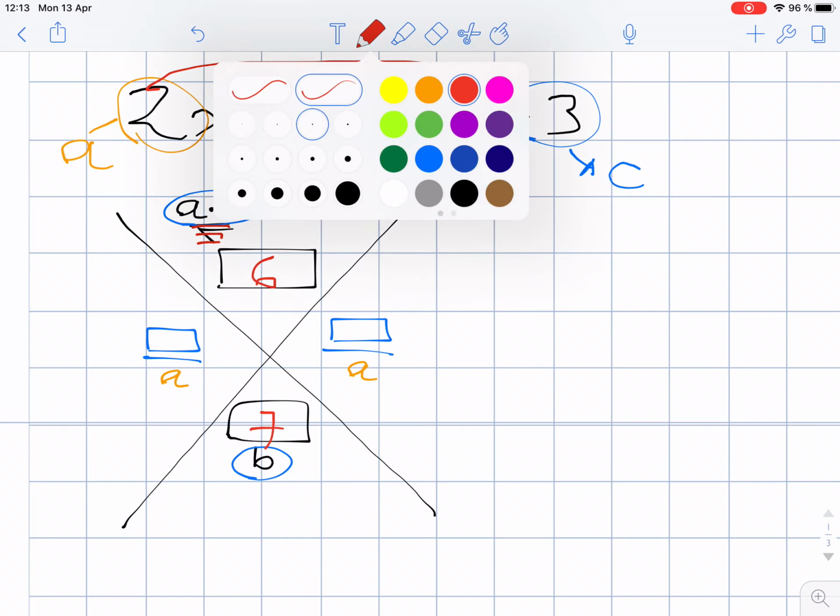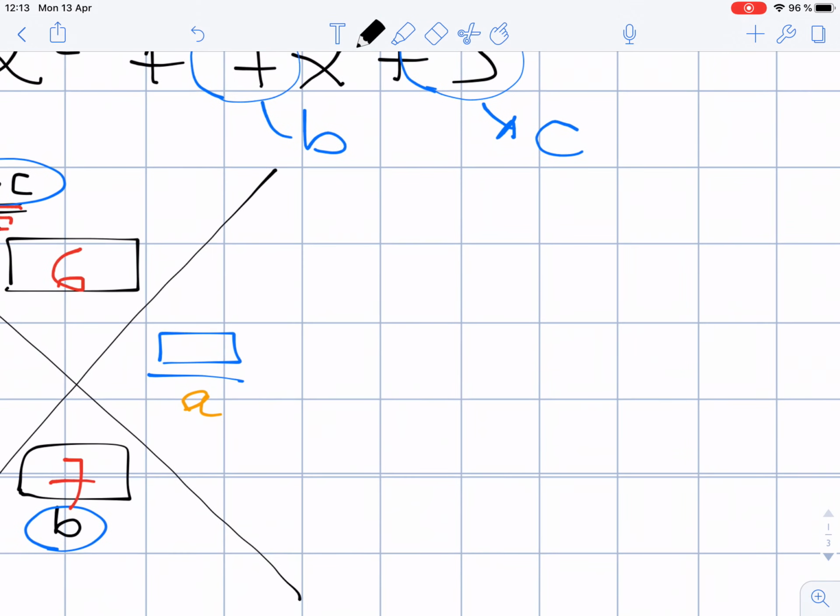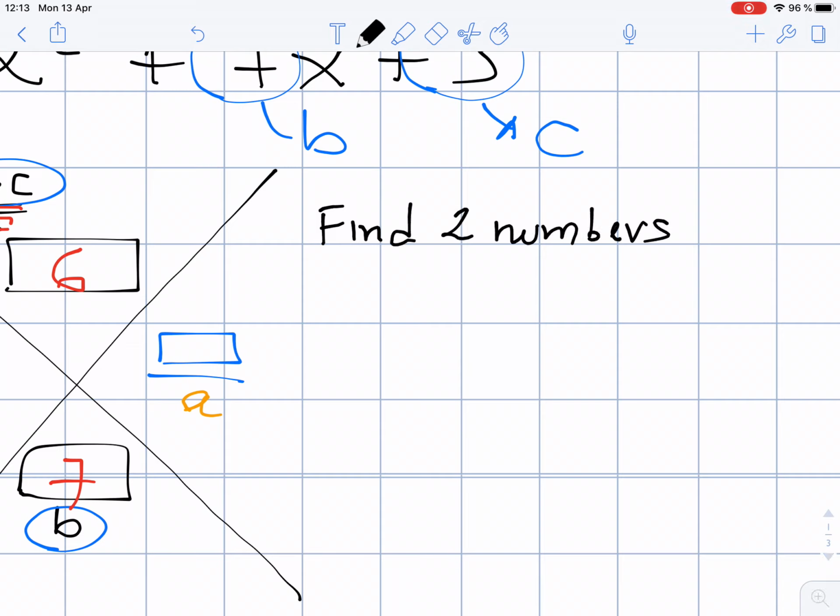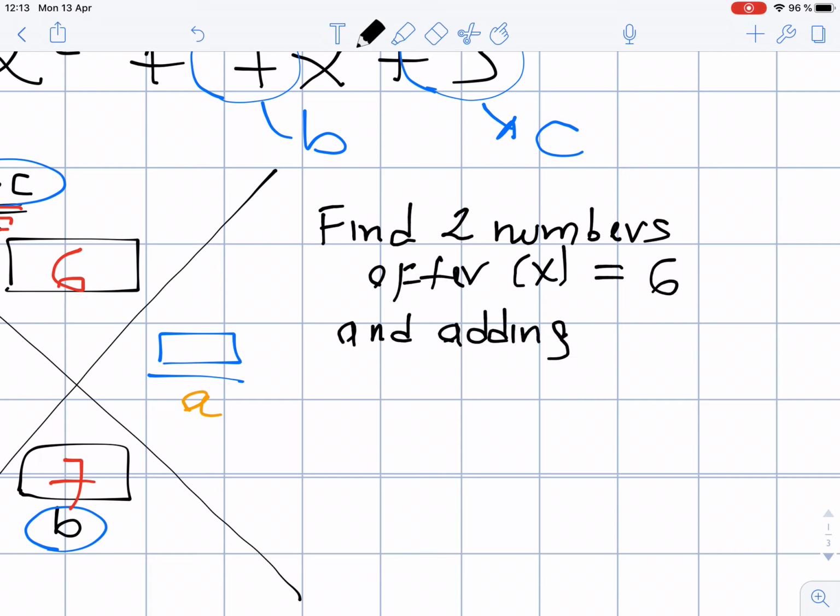Now, and it is really important, we need to find two numbers that after multiplying we can get 6, and adding or subtracting we get 7.